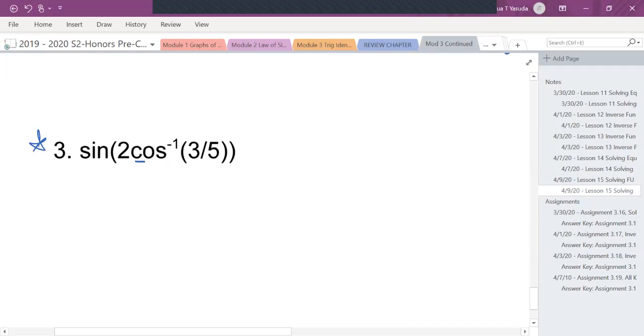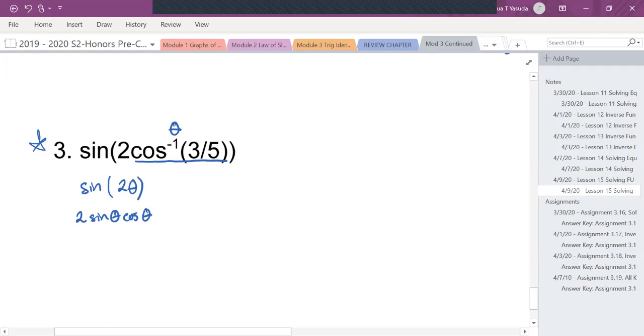So if you think about it, this produces an angle theta, okay? So really, this is saying sine of 2 theta. Well, what is the sine of 2 theta? Well, we just used that formula. The sine of 2 theta is 2 sine of theta cosine of theta.